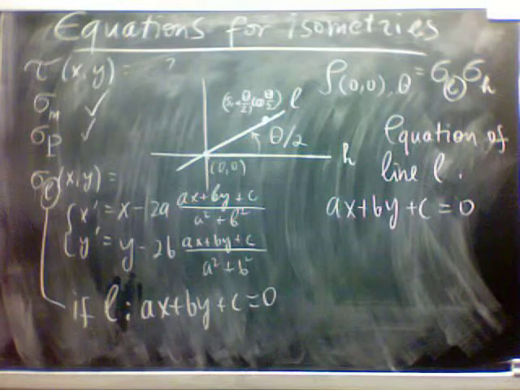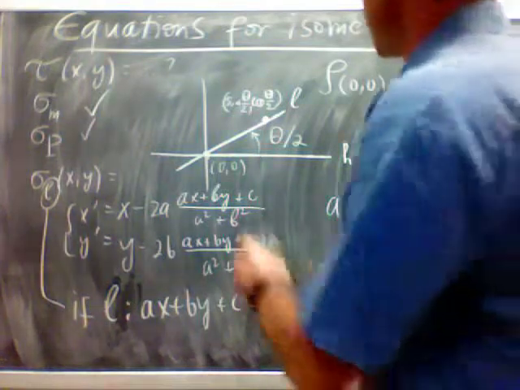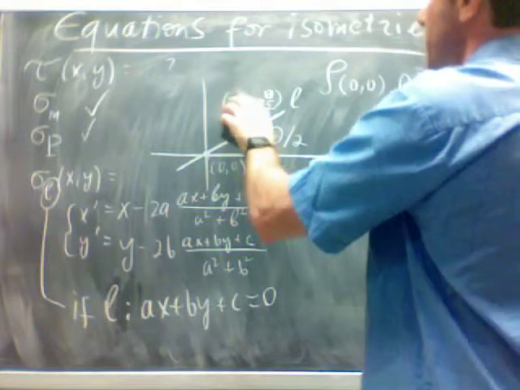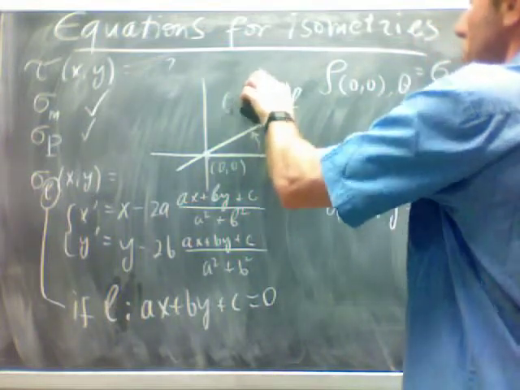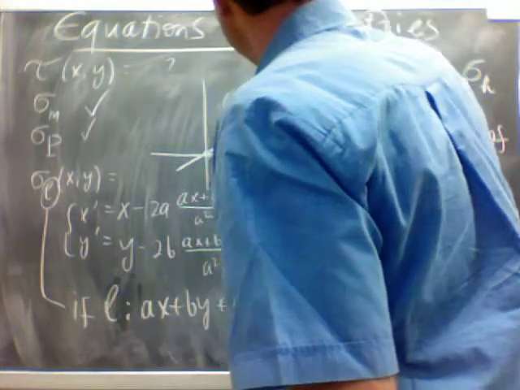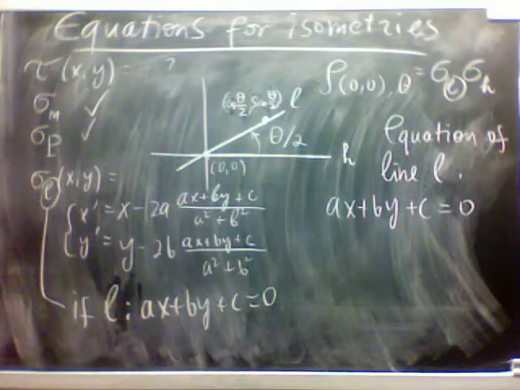Correct? No, of course, wrong. What's wrong? Pause, come back, figure it out. Exactly, I switched them around. The x coordinate is the cosine and the y coordinate is the sine. So cosine theta over 2, sine theta over 2. I mixed them up, so now it's correct.